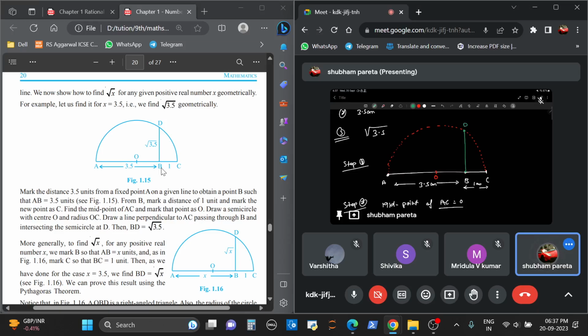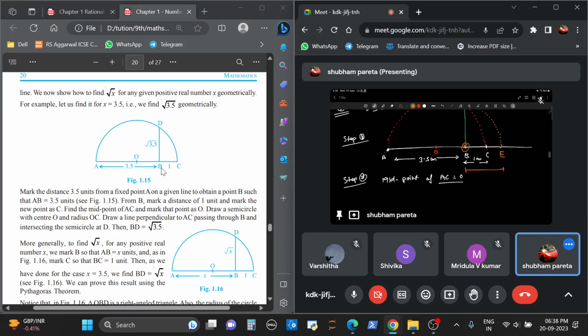Now if you can measure BD over here, and if you are taking B as a center and dropping one arc on the AB line, then you are getting E here, then BE is basically under root 3.5 centimeter.